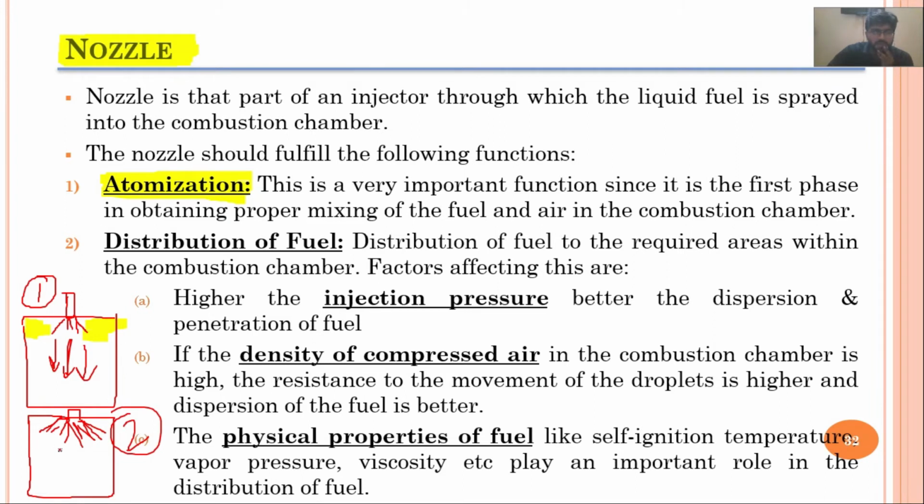What will happen here is, since the fuel is being atomized properly and sprayed across the combustion chamber, maybe on reaching up to this section the fuel gets combusted and the air at the bottom may not get the amount of fuel for the combustion. So we have to do a trade-off between them.